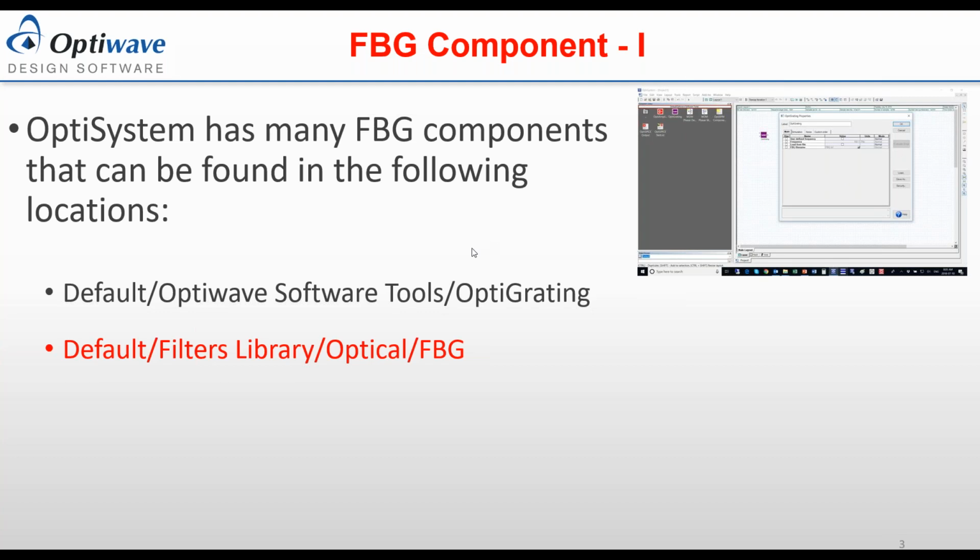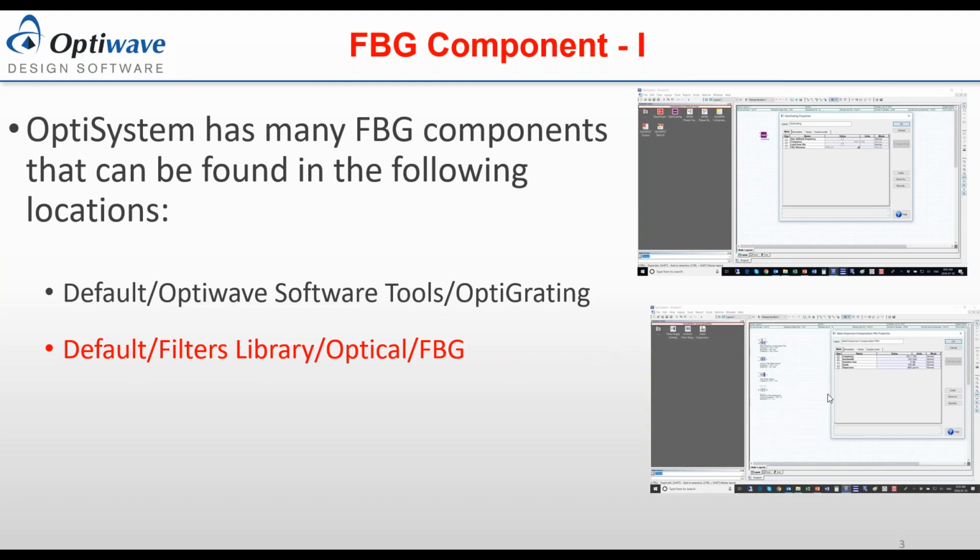Then you might find the fiber Bragg grating in the filter library under Optical and FBG, where you have 4 components. These components can be used for dispersion compensation, or for filter characteristics or reflection characteristics. Also, you may find the fiber Bragg grating component under the sensor library in the default.